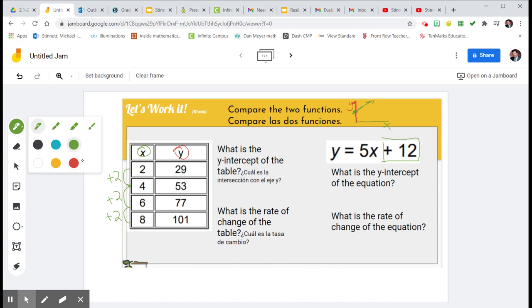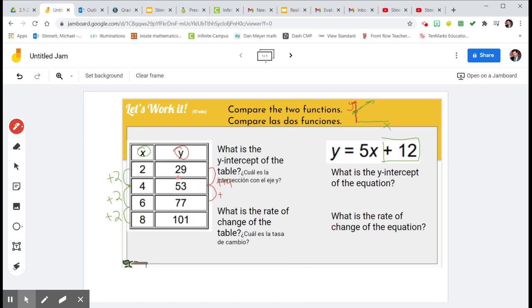All right. Well, let's look at our y's. What are they doing? All right. So we know they're increasing. They're getting bigger, right? 29 up to 53. And that is what, 14, I believe? Yep. So plus 14. And then from here to here, that's also plus... No, I'm wrong. 24? Oh, it's 24.